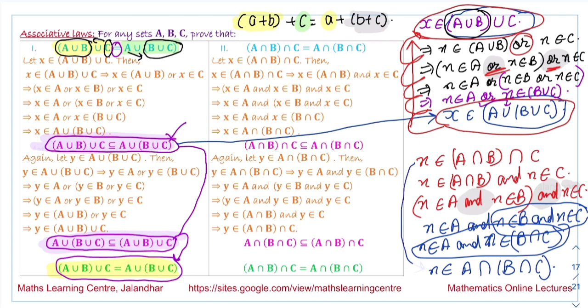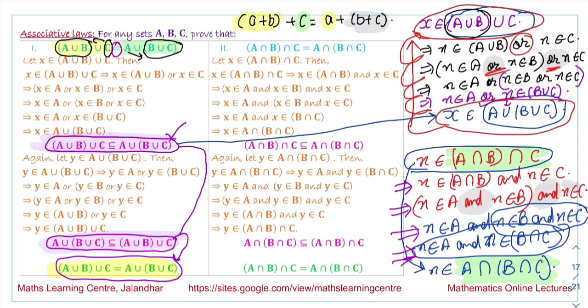So from this result, X belongs to this term, A intersection B intersection C, implies X belongs to this other term. All these terms we have, this implies this.